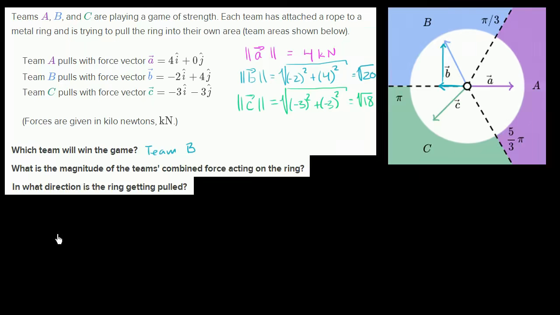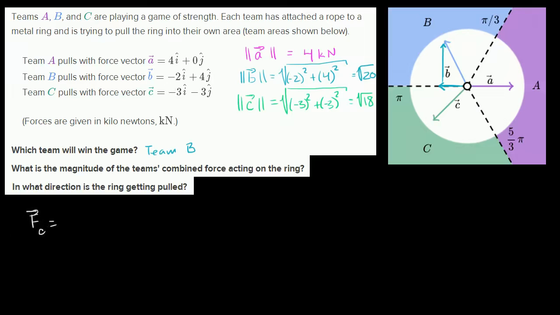Now, the next thing they ask us is what is the magnitude of the team's combined forces acting on the ring? Well, to figure that out, we can just add up all of these vectors. The combined force, let's say force combined, this is a vector.